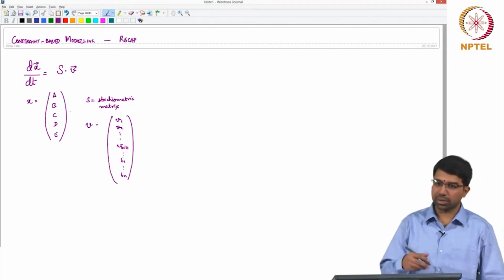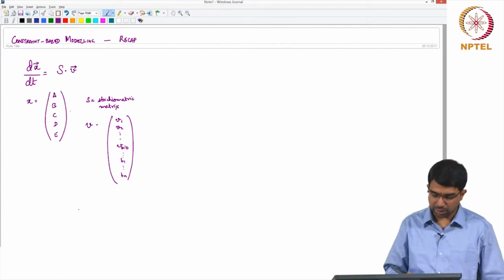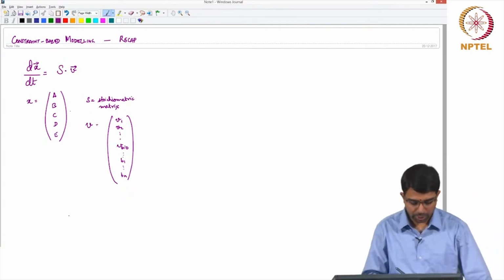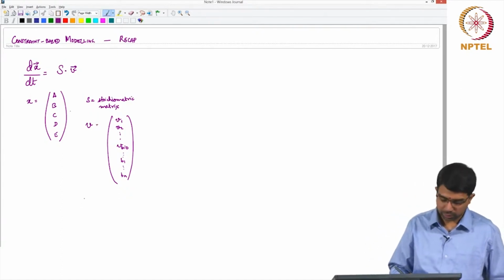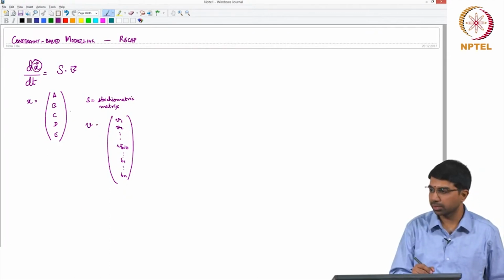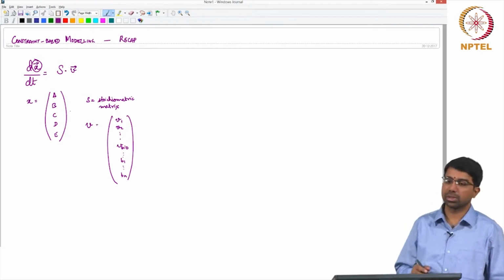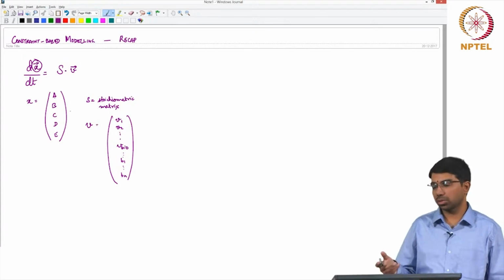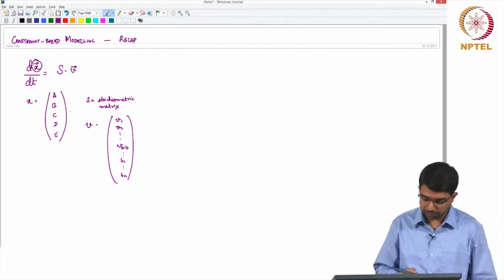You can have internal external fluxes, everything inside of this vector, right. So, for each of these you could actually write kinetic equations, right. So, dA/dt you can have a kinetic equation, it will be some k1 into A minus k2 into B and so on and so forth, right.